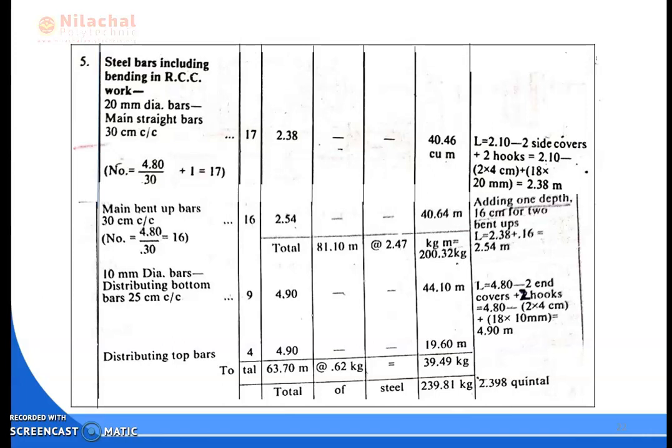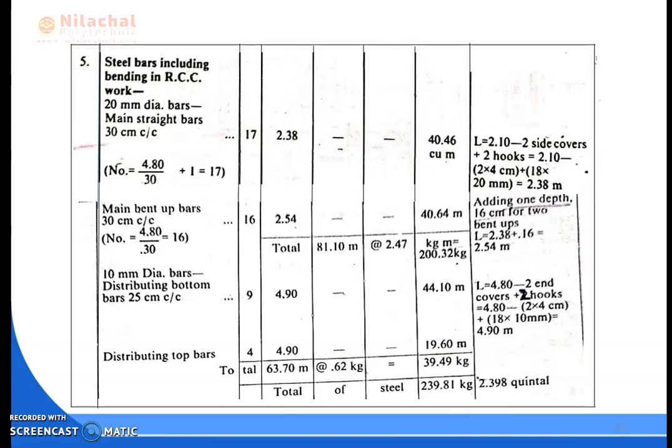What do you mean by hooks? Hooks have the same diameter as the main straight bar. They are provided at the end points of the bar to hold the bar in position. We provide hooks at the two sides of a main bar or a bent bar.